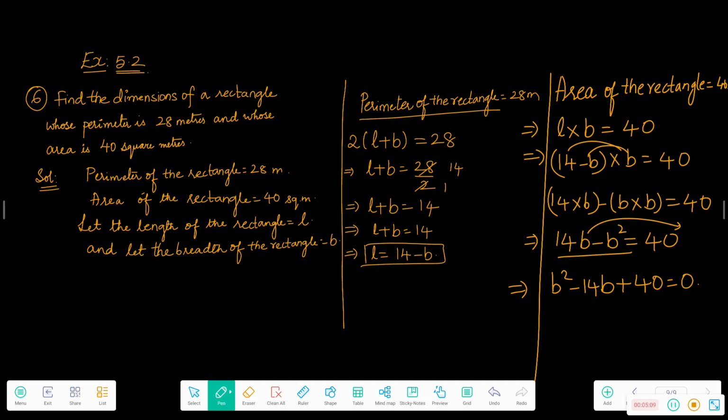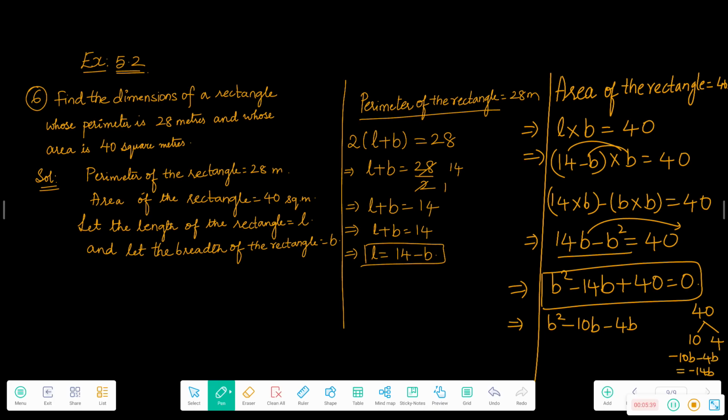Now here we can find the value of B. Again, this is a quadratic equation in B. By the method of factorization we can find the value of B. For B square plus 40, the factors of 40 are 10 and 4. If I take minus 10B and minus 4B, it will give minus 14B.